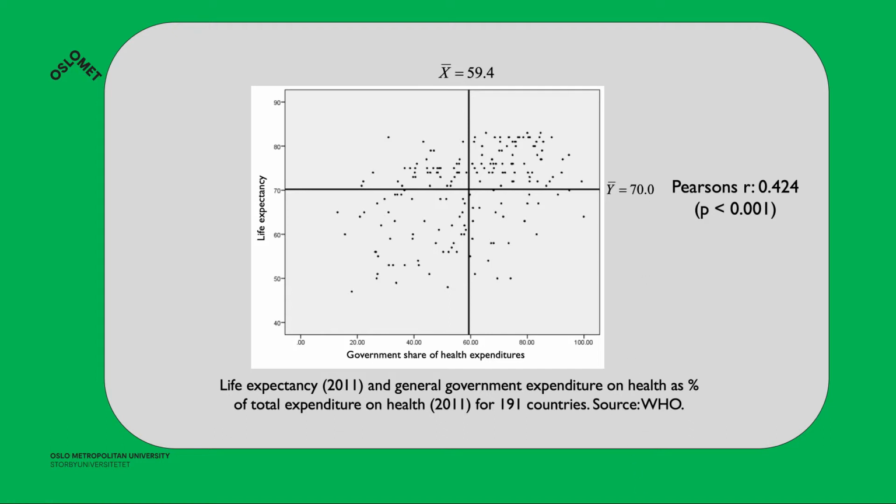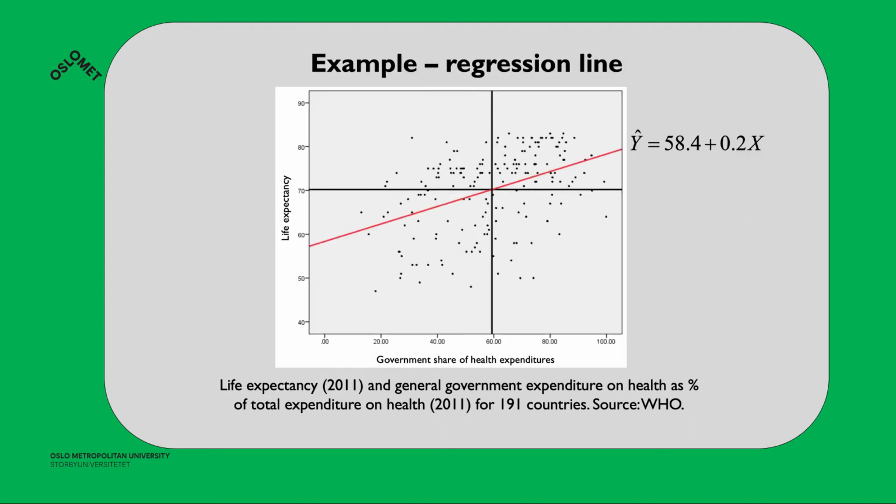But we want to fit a line to this data, the regression line, and the regression line looks like this. This is the best fit to this data, using government share of health expenditures as the independent variable and life expectancy as the dependent variable. So this line is based on this regression equation.